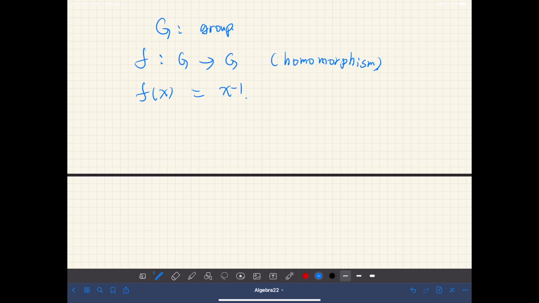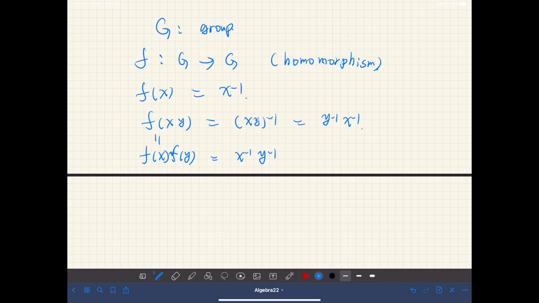Then F of xy is by definition (xy) inverse, and that is y inverse x inverse. But since F is assumed to be a homomorphism, this is equal to F of x times F of y, which is equal to x inverse times y inverse.